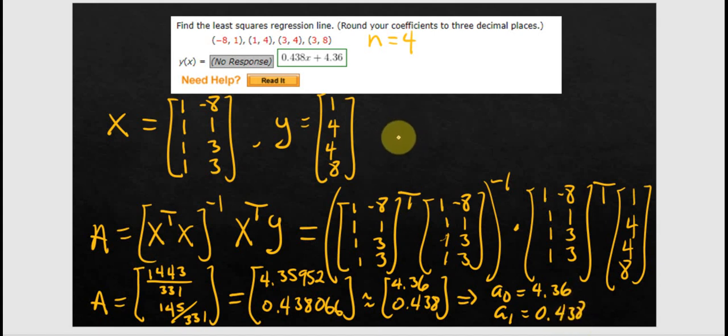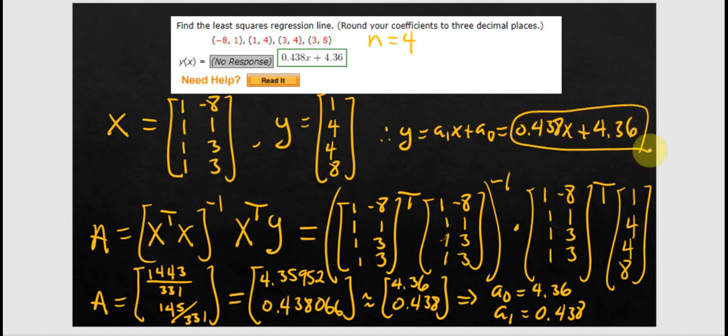So we get y is equal to that A sub 1 times x plus A naught, and that is 0.438 times x plus 4.36. Is that a 3? Well, it's supposed to be.